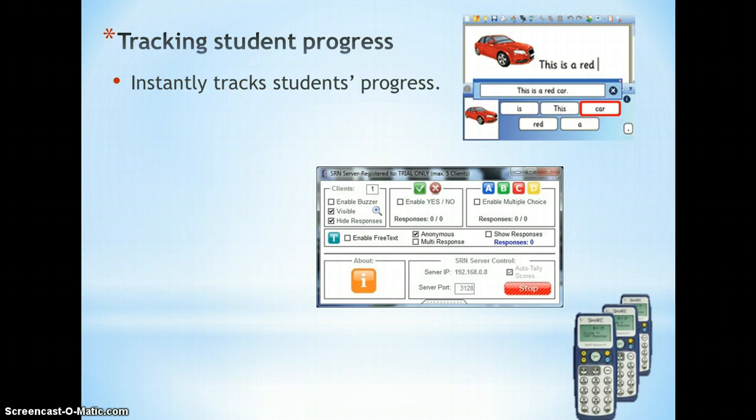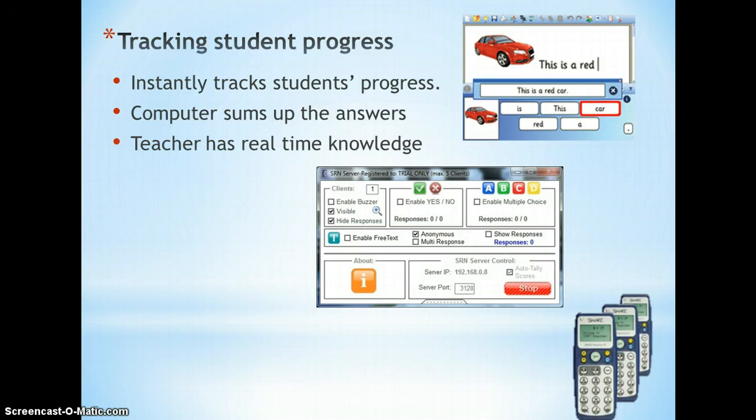The computer can sum up the answers sent in by the students, so the teacher can see in real time the student's knowledge of the question as a class, as well as how individual students do on each question. Students are able to input their answers from a test without wasting paper.